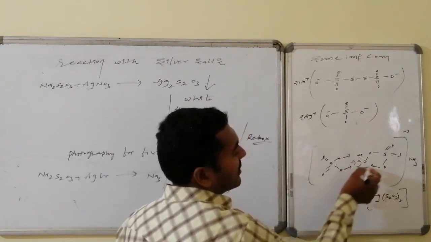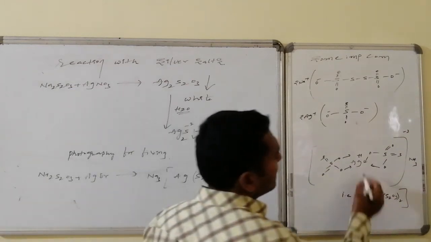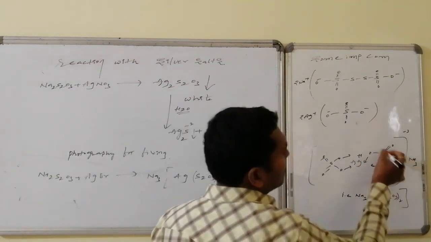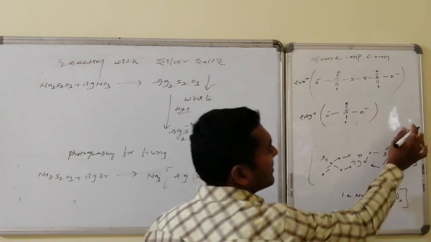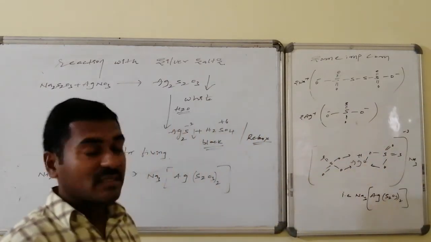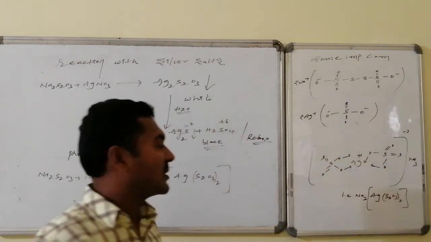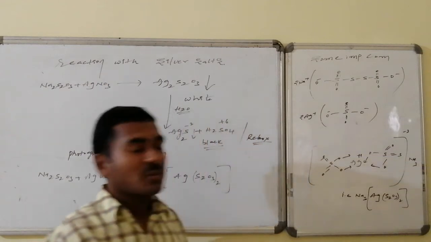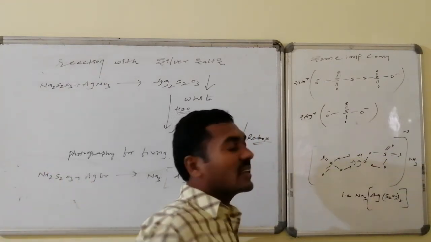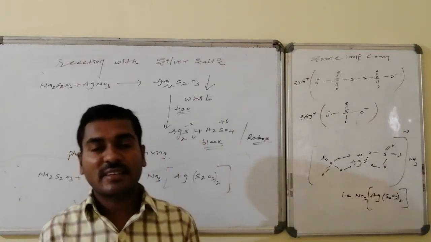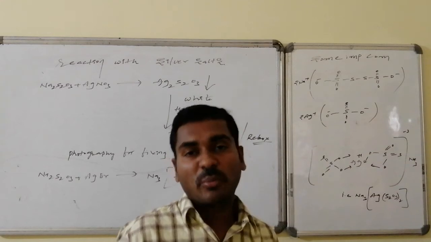So it is totally coordinated with four ligands, and the oxidation state of silver is +1. These ligands offer a total of -4, so the overall charge on the coordination sphere is -3. That is counterbalanced by three monovalent sodium cations, so Na3[Ag(S2O3)2] complex formation occurs. That is the sodium silver dithiosulfate complex formed on reaction of sodium thiosulfate with silver bromide.